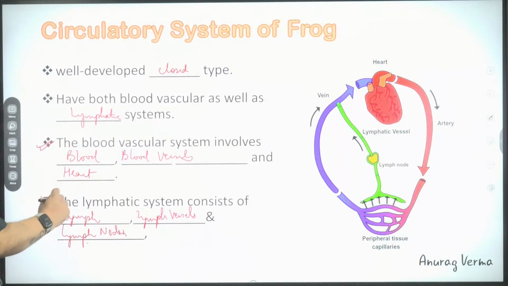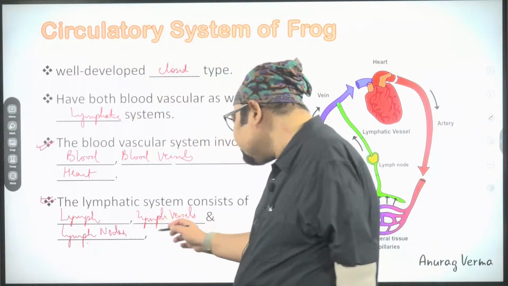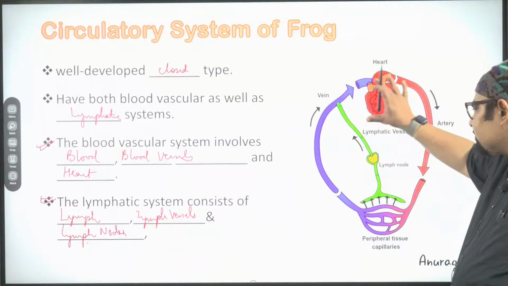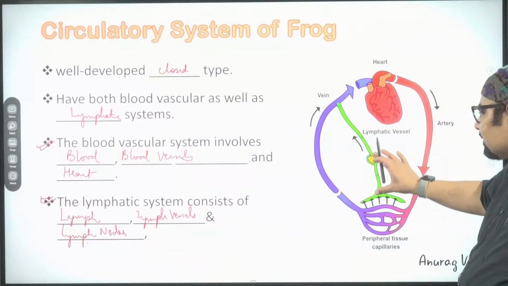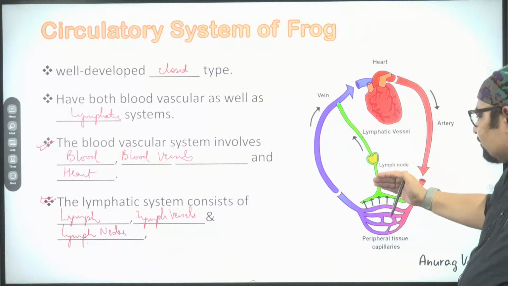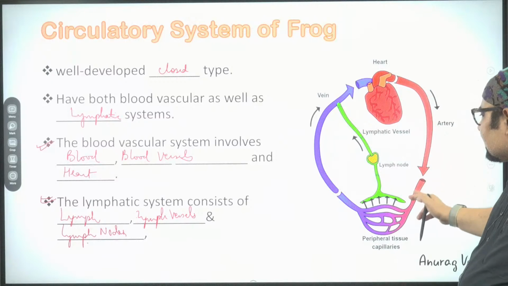Here blood vessels and heart, and here no heart as such. Lymphatic heart is there, but it is not a true heart, so we can ignore that. We can just say lymph vessels and lymph nodes. This is a generalized picture which can also be applicable to human beings or any other animal, showing what lymph is and how lymph and the blood vascular system are related.